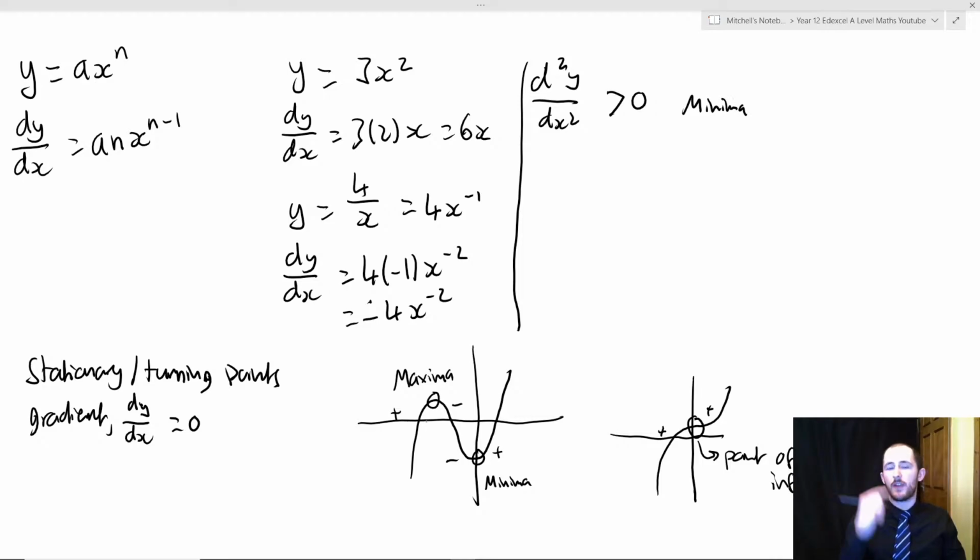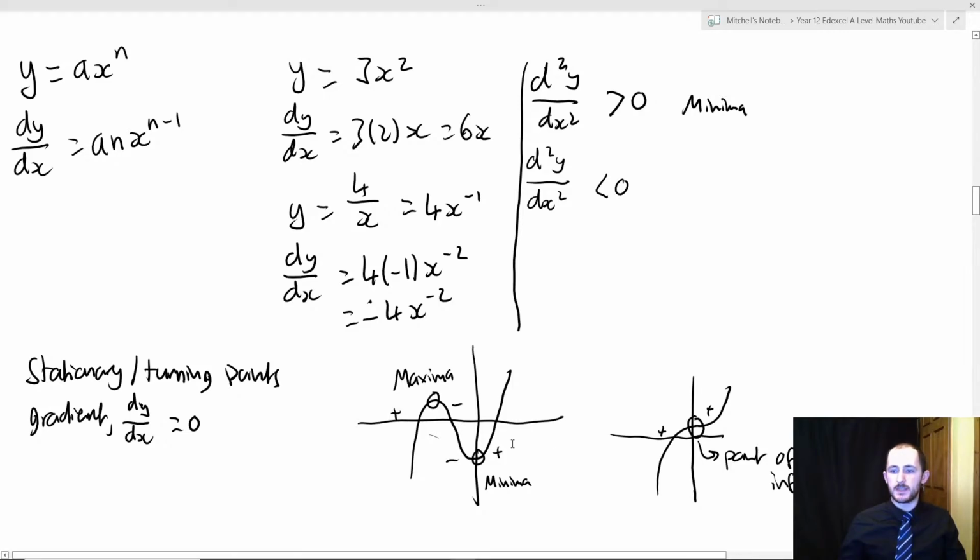And this is because the change in the gradient is positive. In other words, it's going up, just like this curve here. If you find that the change in the gradient is negative, then that means you're going from a positive to a negative, so that means you must have a maxima.